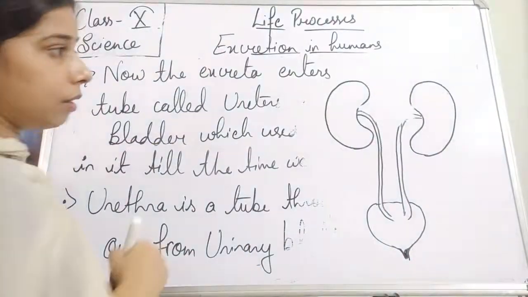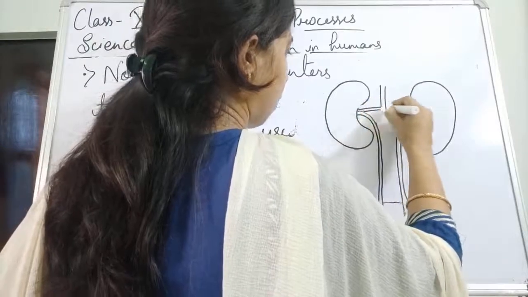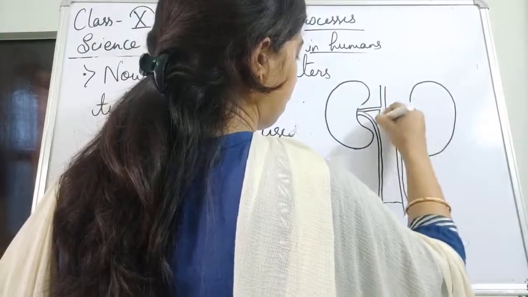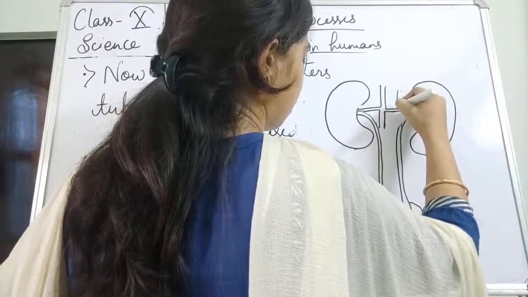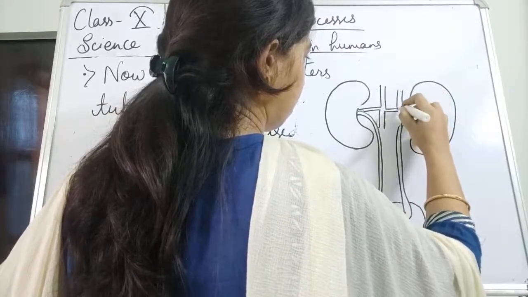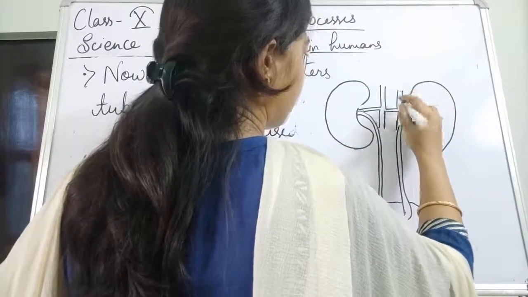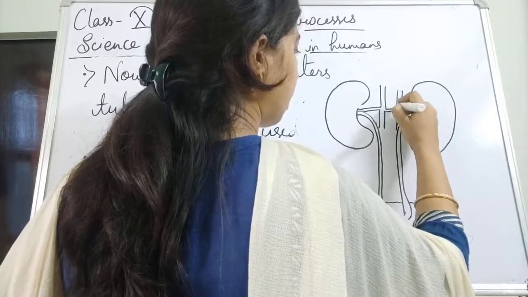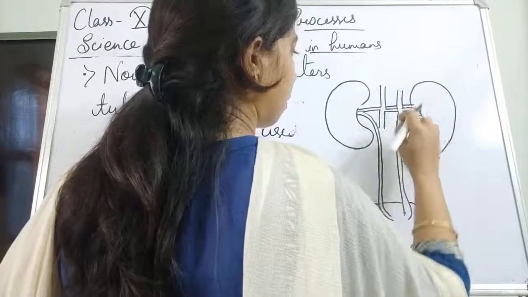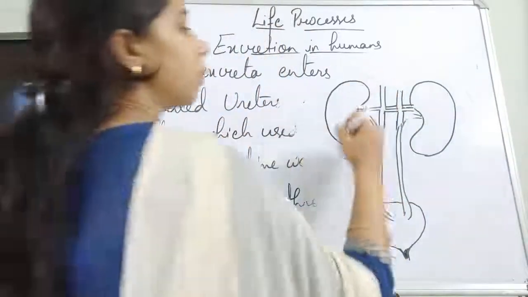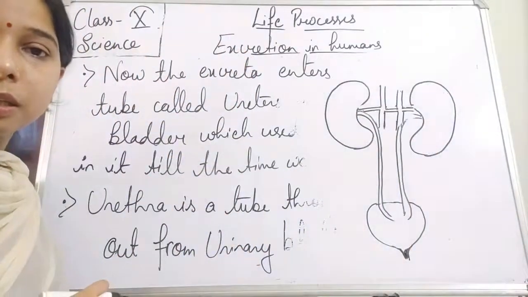So the renal artery and vein are also connected to the kidney.